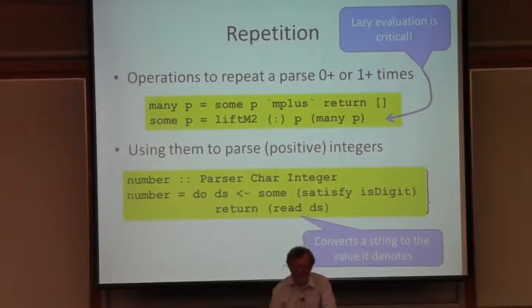But in Haskell, the cons operator is lazy, in particular in its second argument, and liftM2 preserves that laziness, which means that SomeP can deliver results without actually evaluating that recursive call of many P. And so in Haskell, this is a perfectly terminating program, or at least it usually terminates, shall we say. But it would be an infinite loop without laziness.